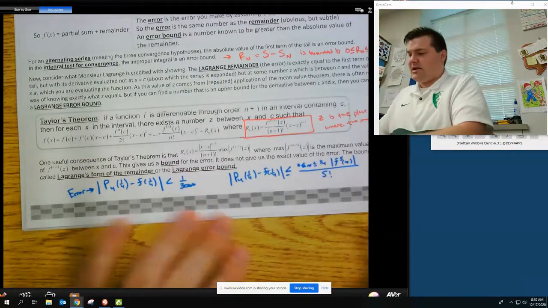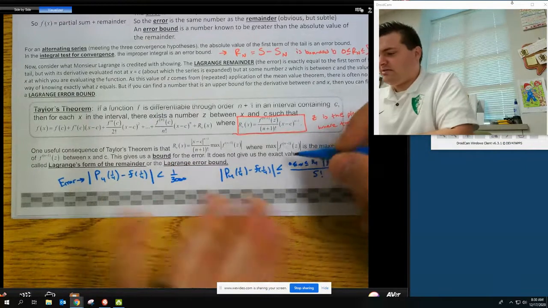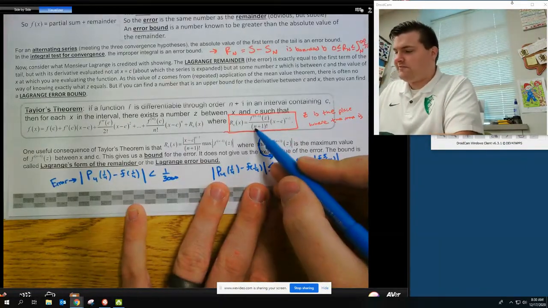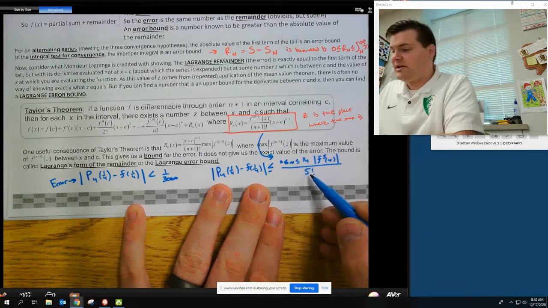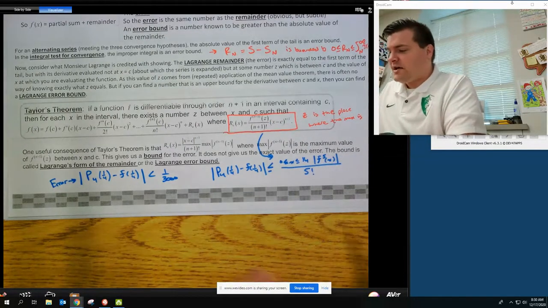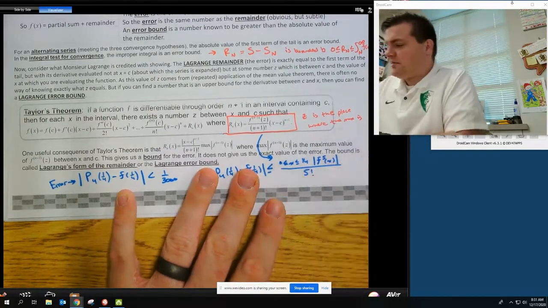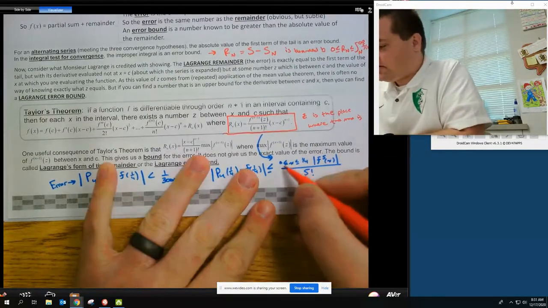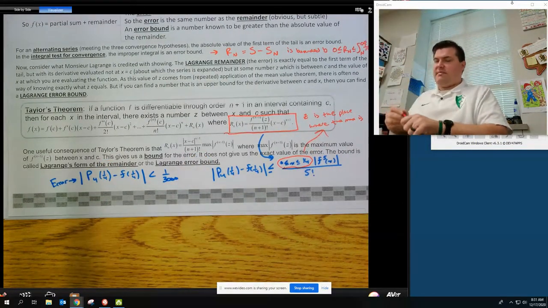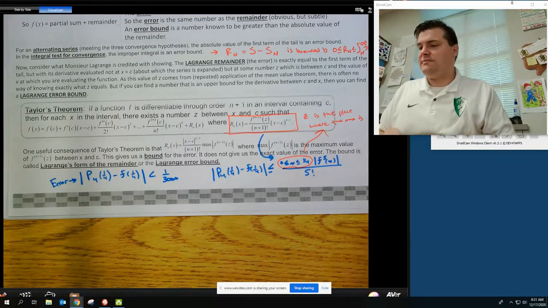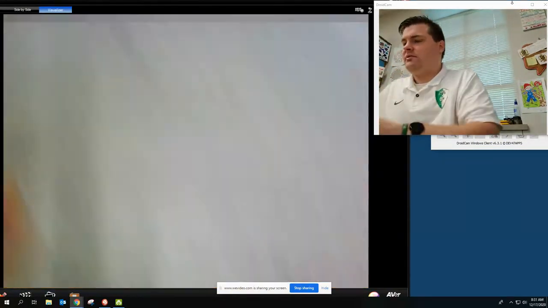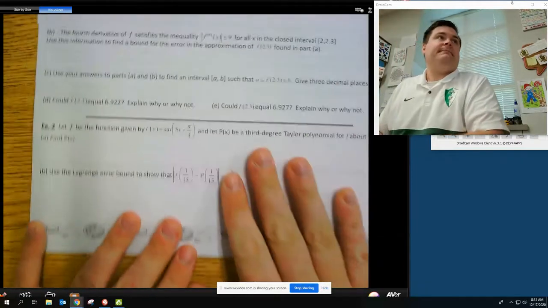What I'm doing here is using this notation. n in this case would be 4, so 5 factorial is the next one. It's the next derivative, so it's the 5th derivative. And this little part right here represents the maximum value. The easiest thing to do here is just to hit up some problems.